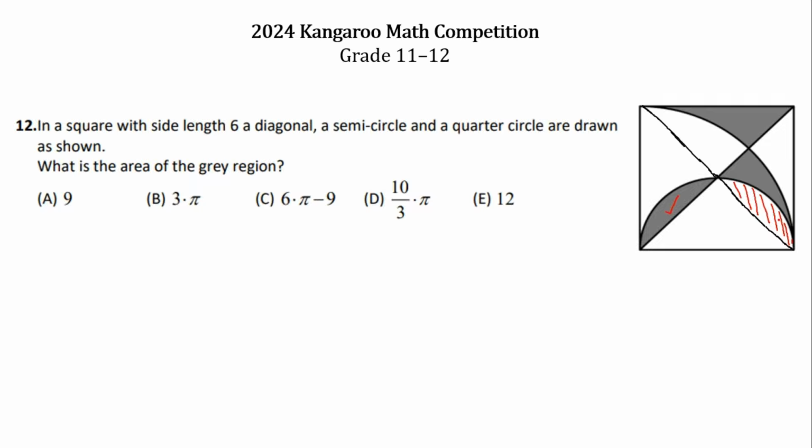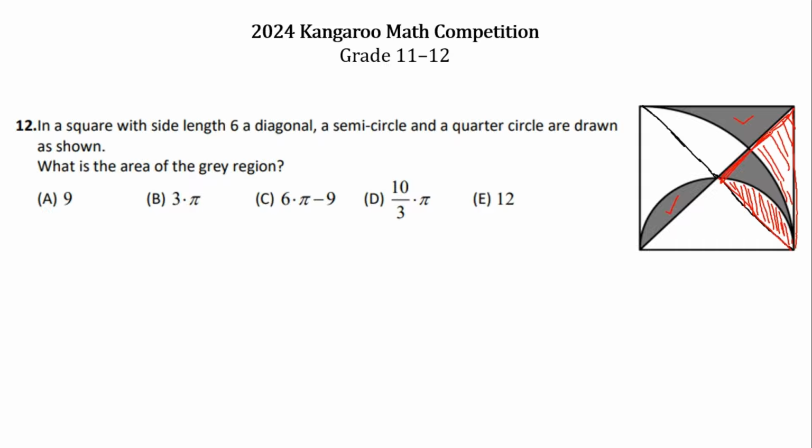So they must be of the same measure, right? Similarly, this area is identical to this area. So instead of finding the area of each gray region, we can just find the area of this triangle to solve the problem, right?